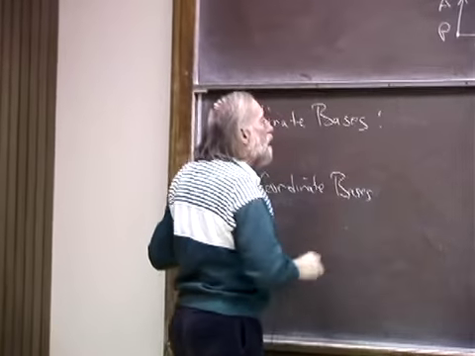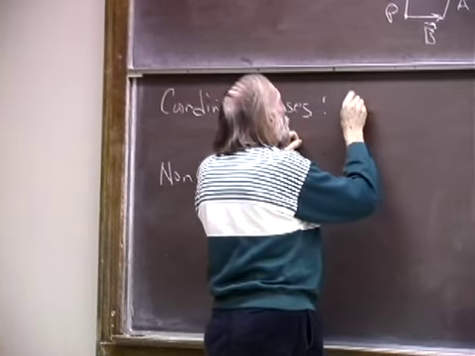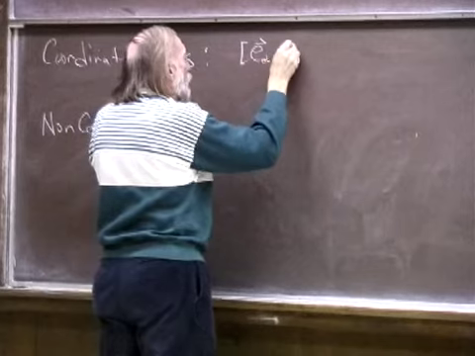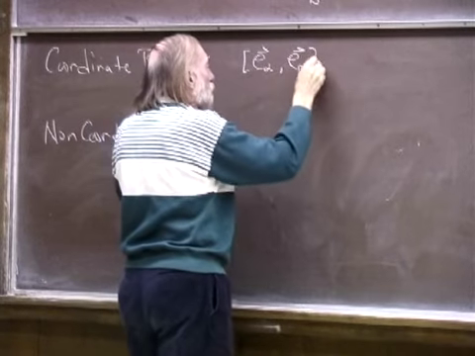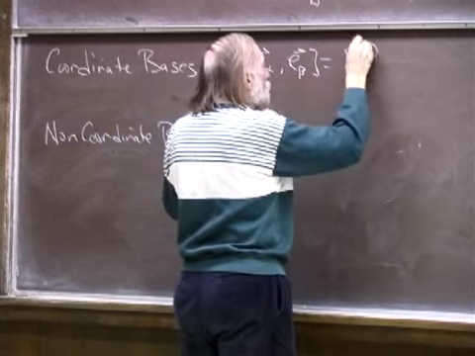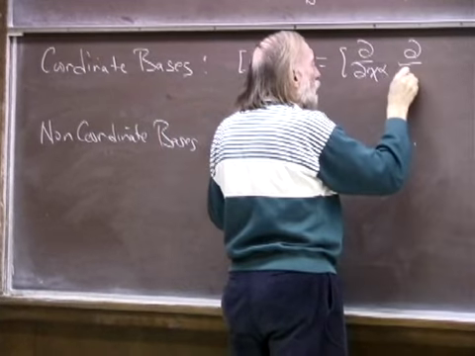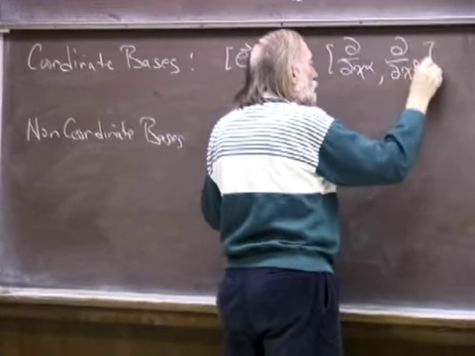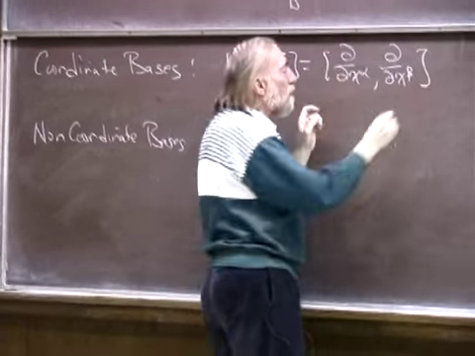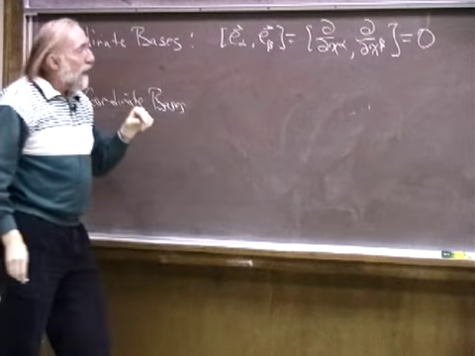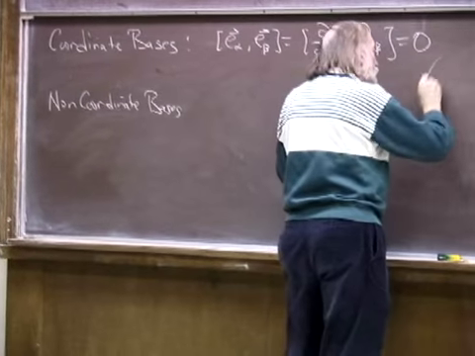A coordinate basis has the property, obviously, that the commutator of the basis vectors vanishes, because the basis vectors are just derivatives along the coordinate directions, they're just partial derivatives, and partial derivatives commute mathematically. The commutator vanishes.